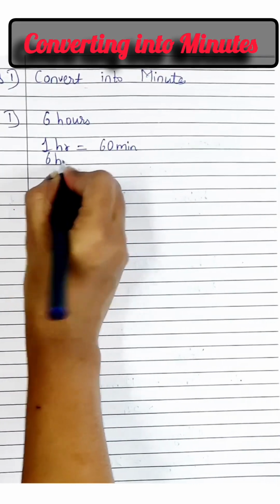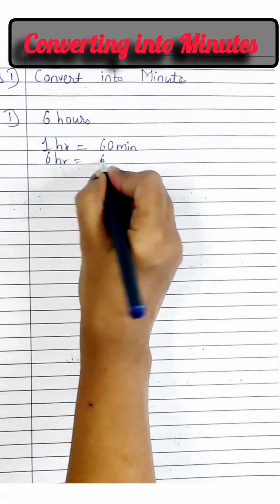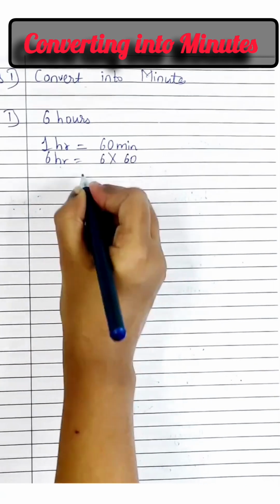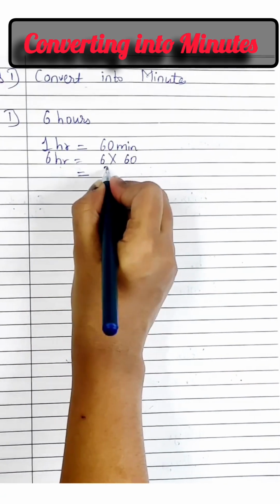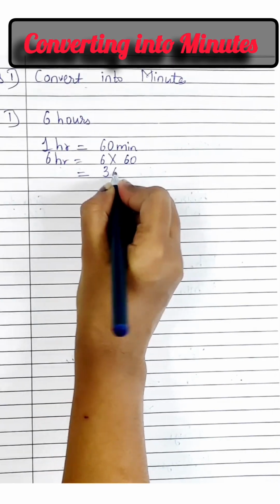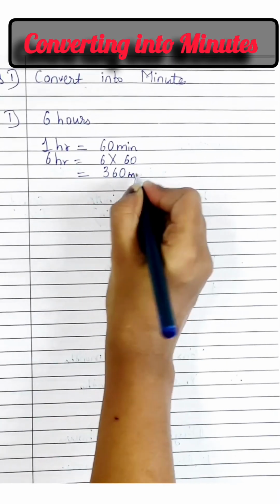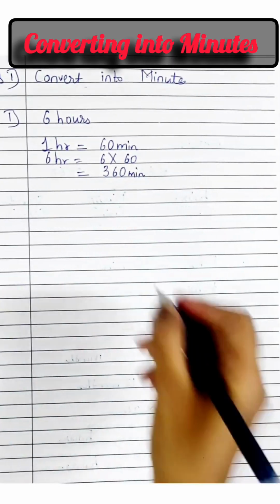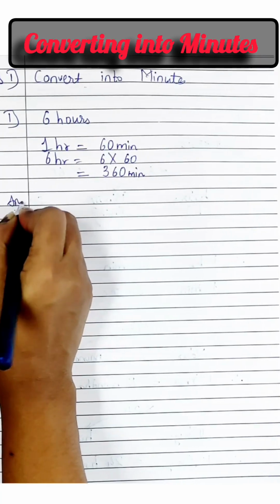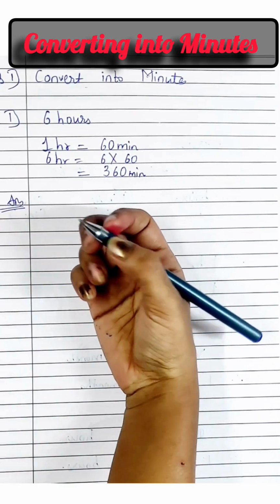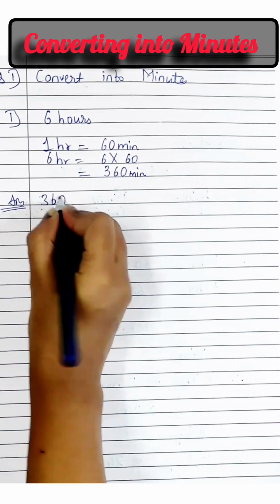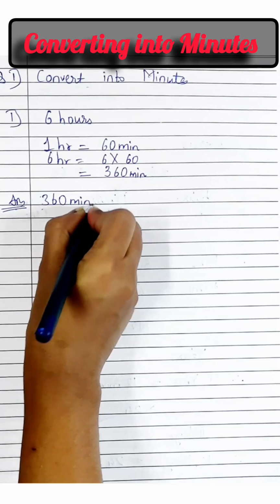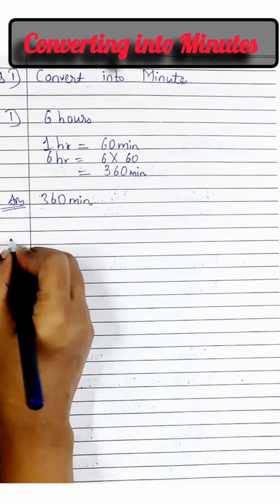So 6 hours is equal to 6 multiplied by 60. That means it is 360 minutes. So the answer is 360 minutes.